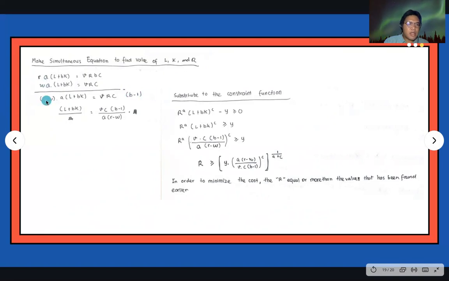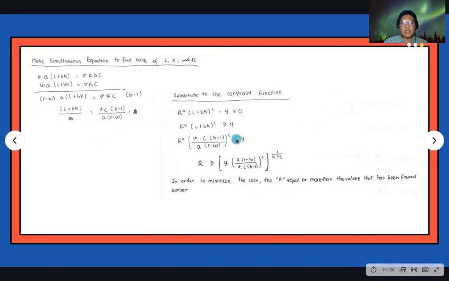We subtract it in this simple calculation, and then make another manipulation. We want to find L and K so we can substitute them into the constraint function, which is this. Just substitute it here.